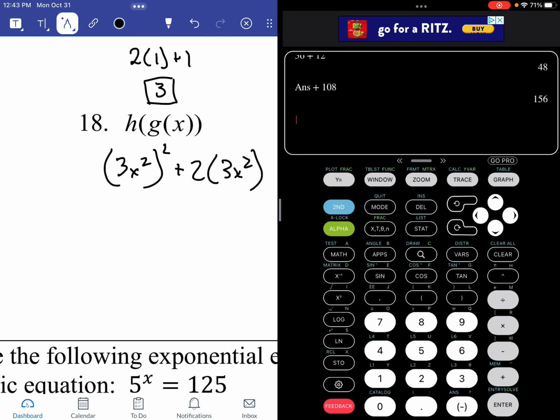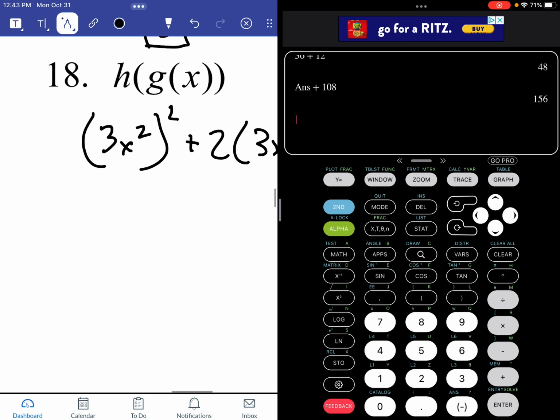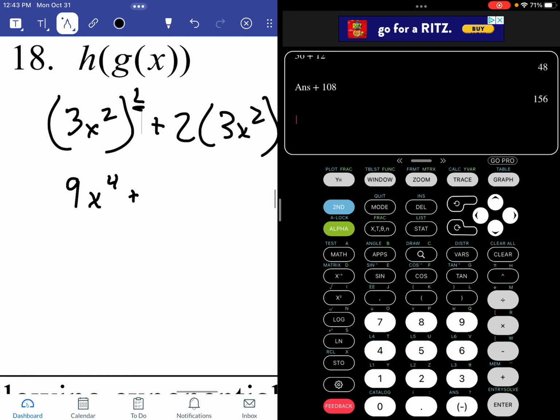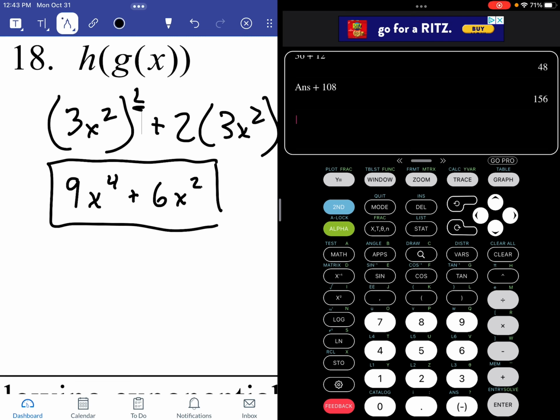So we're just putting the g function into the h function as it currently exists and then just figuring out what we have. We're squaring all the terms in here. So 3 squared is 9. When you raise a power to a power, you multiply the powers. So 2 times 2 is 4. Plus, you're multiplying 2 times 3, which gives you 6. The x squared doesn't change, so you have 6x squared. So this is your answer for the last one.